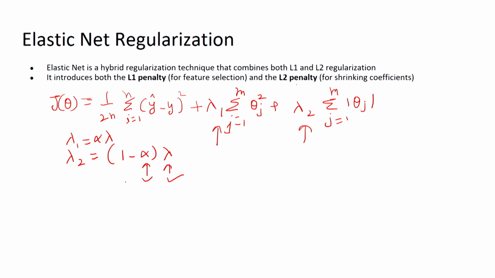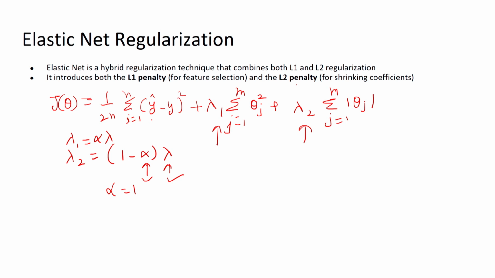In the same case, if alpha is 1, then lambda 1 will be lambda, so we are giving weightage to the regularization, but in that case 1 minus 1 will be 0, so lambda 2 will be 0. So when lambda 2 is 0, we are not having that penalty term in our model.